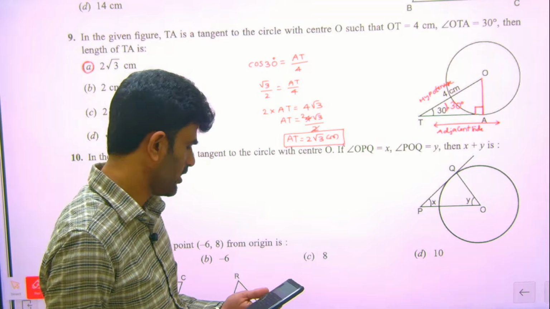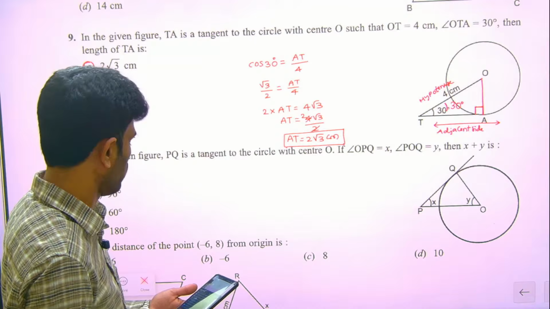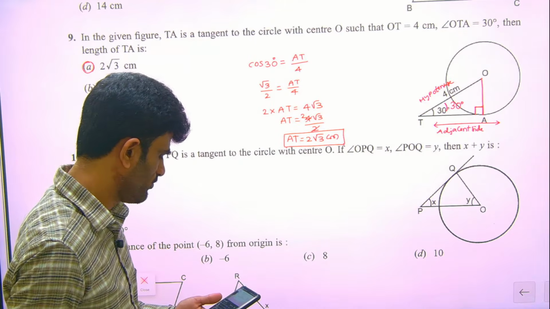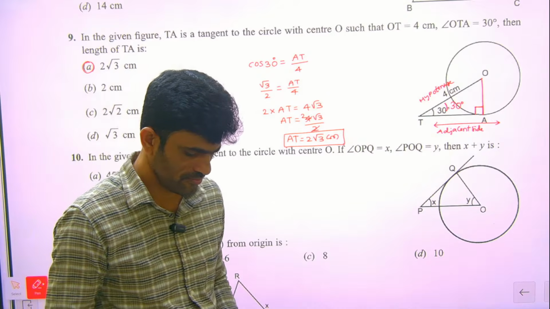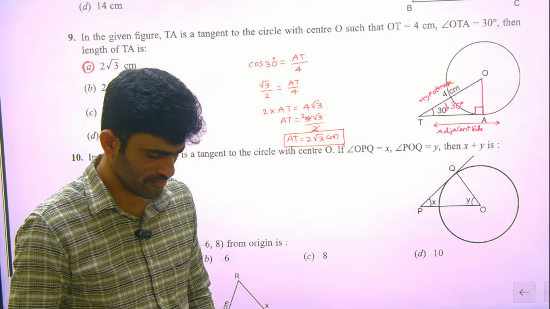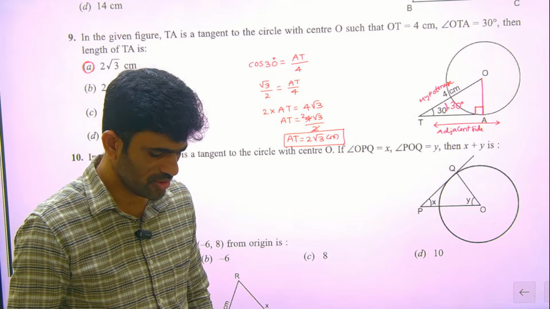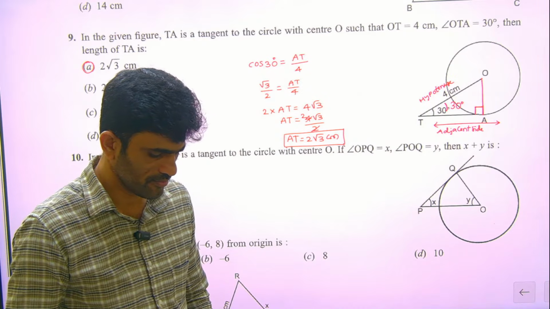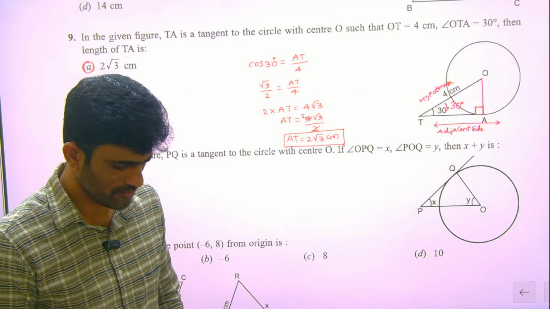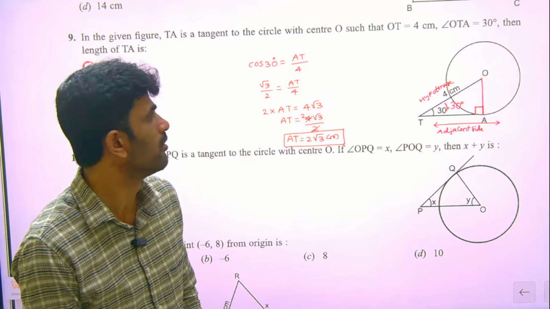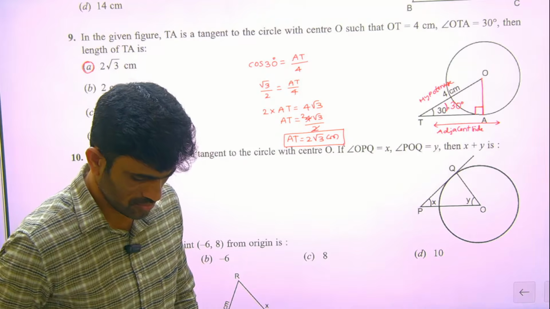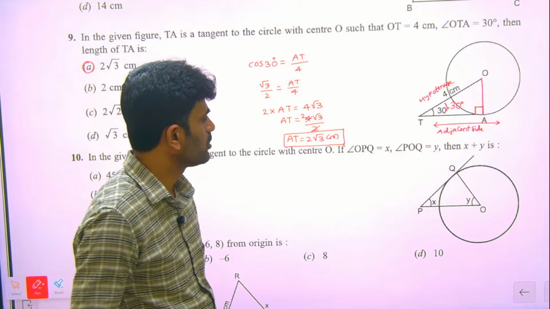Ninth one, option A. Okay. 10th one, what is the option? The tenth question is simple, no?